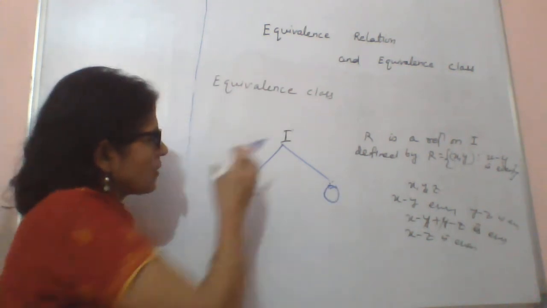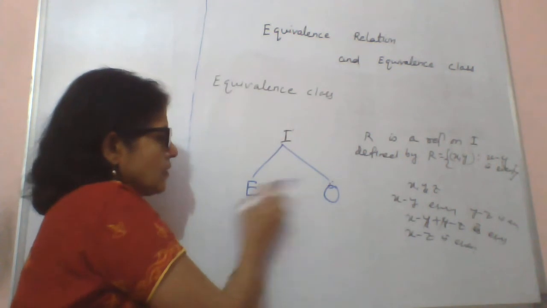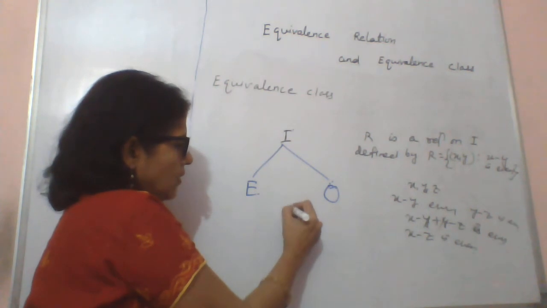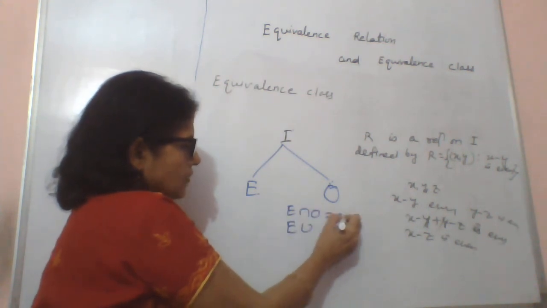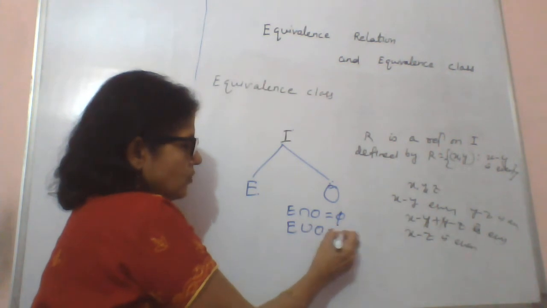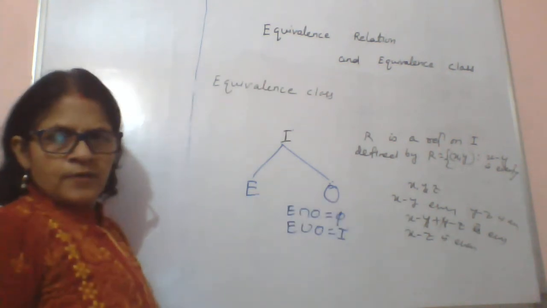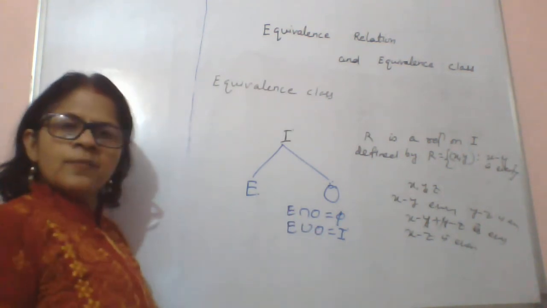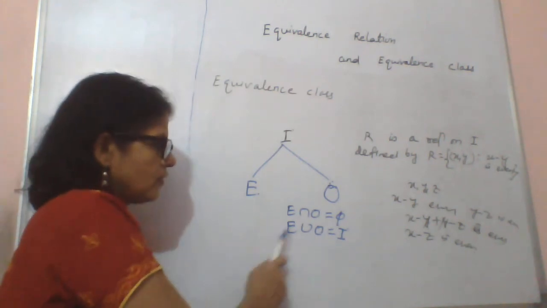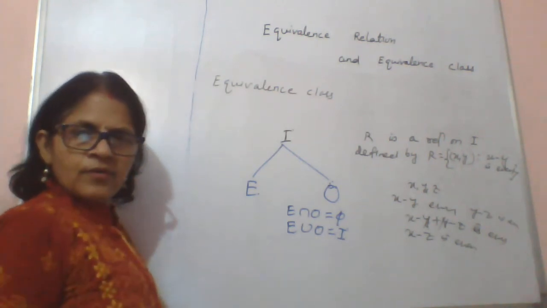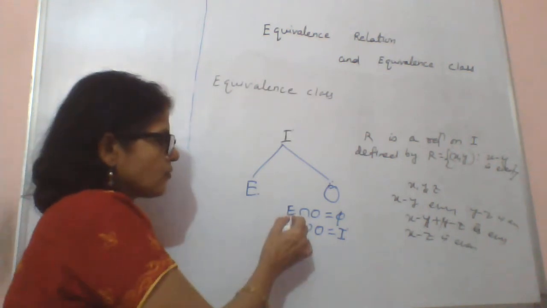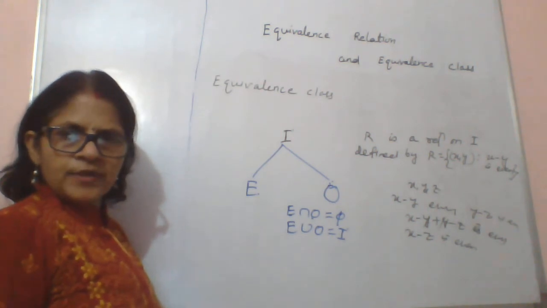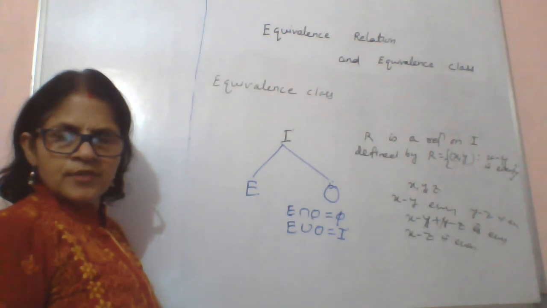So I am dividing this into E and O. As we know, E intersection O is the empty set, and E union O is the set of integers I. So E stands for the set of even integers, O stands for the set of odd integers. Even and odd together give the whole set of integers, and also they are mutually exclusive, disjoint sets, because no integer is even and odd at the same time.